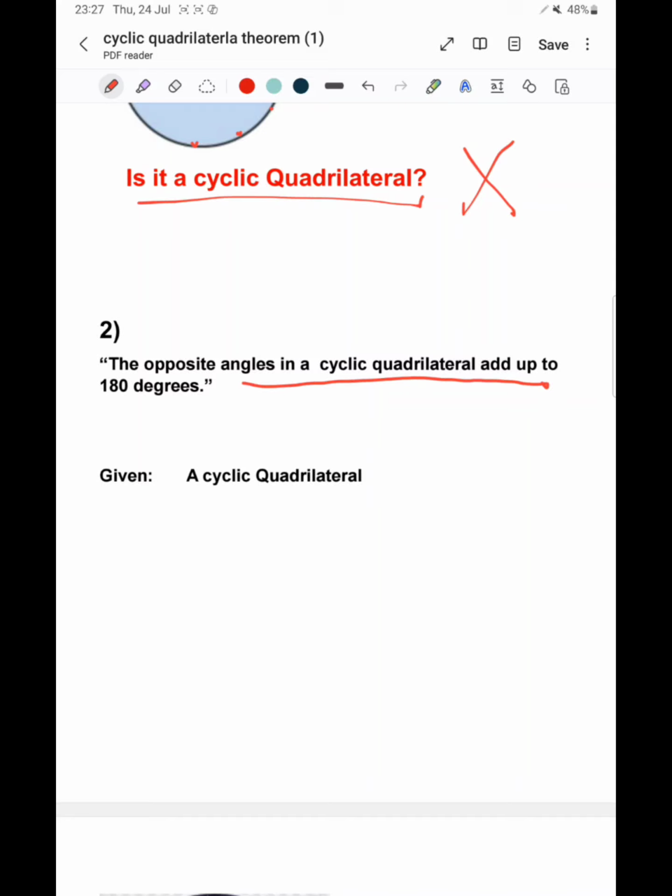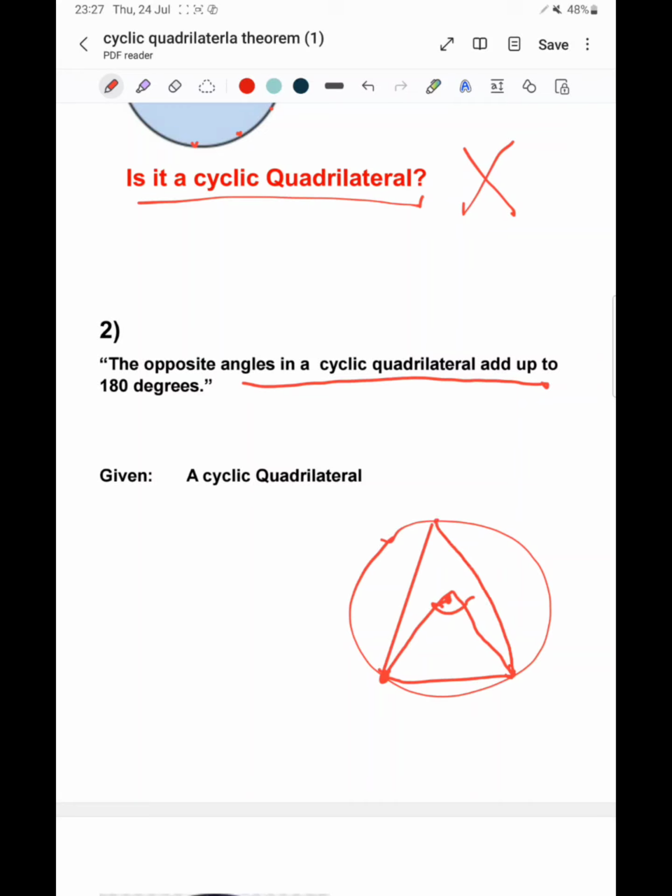While proving it, we will use another theorem which says that if you have a circle and a chord, the angle made by this chord at the center and the angle made by the same chord at any other point on the circle are related. How? If this angle is x, then this angle will be twice x. We have to consider this relation in order to prove the cyclic quadrilateral theorem.